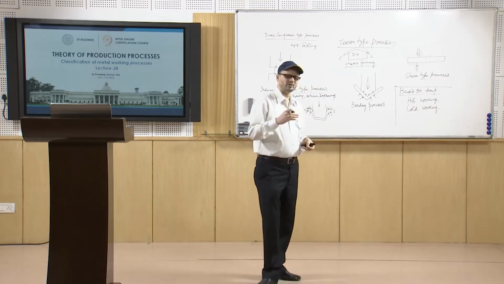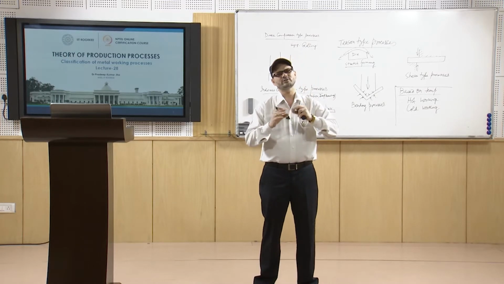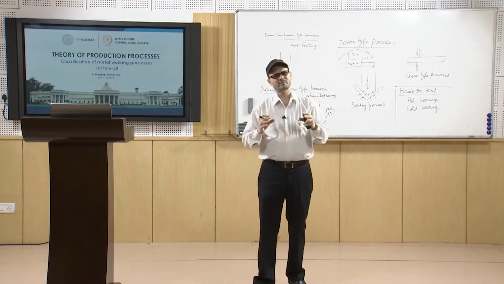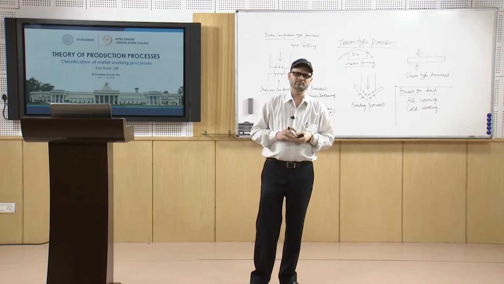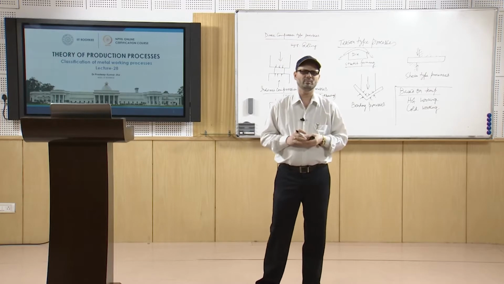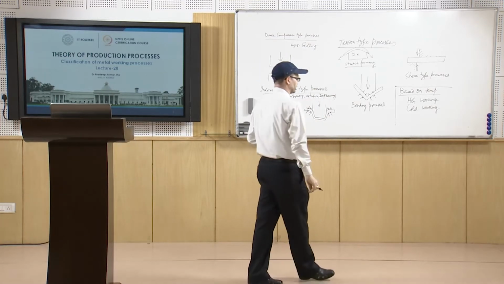Now, what is the recrystallization temperature? This temperature is somewhere close to 0.5 to 0.6 or 0.7 multiplied by the melting temperature of the material. So, that will normally be the hot working range.